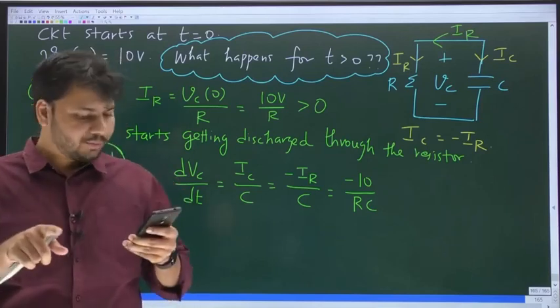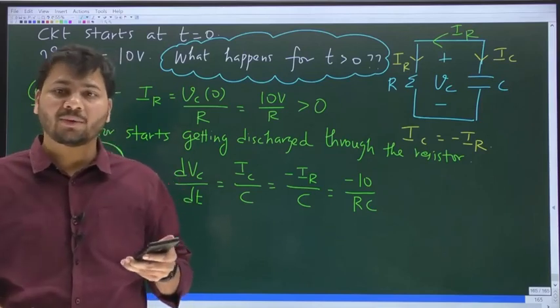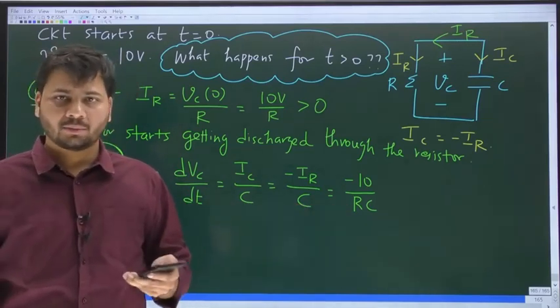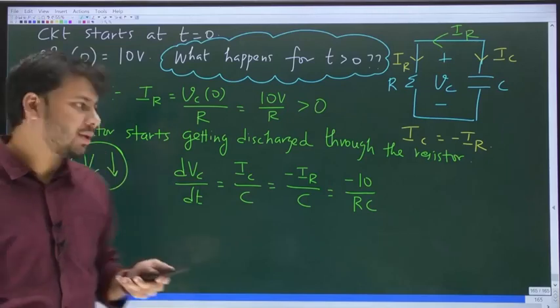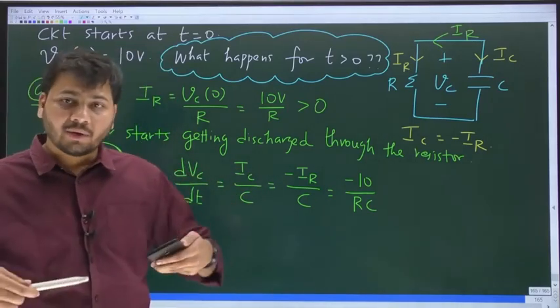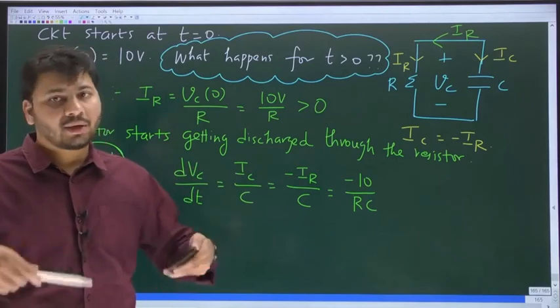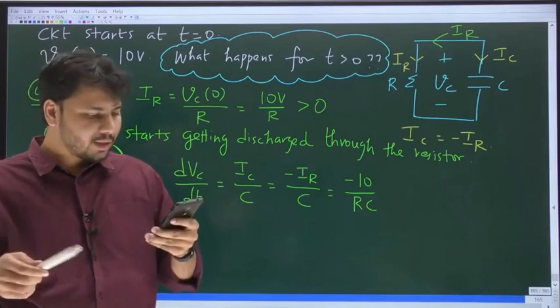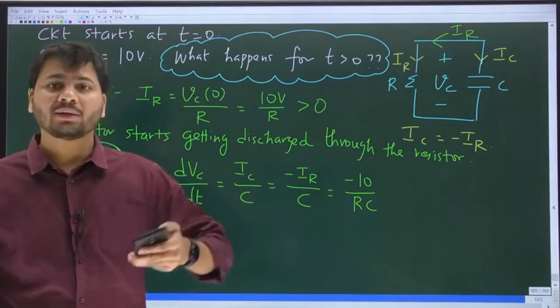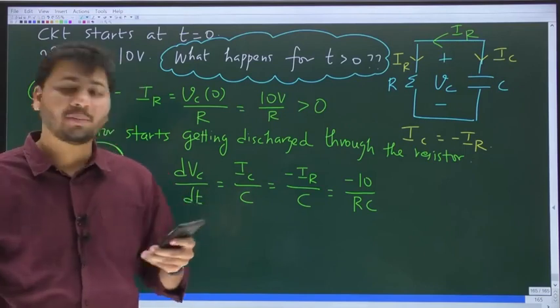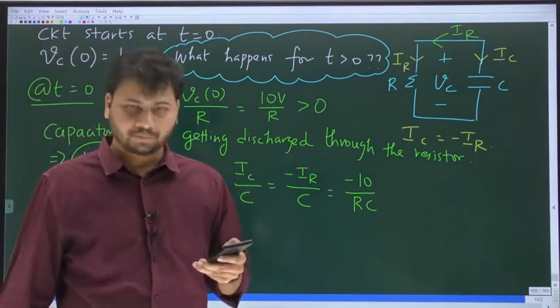If I ask you what is the rate of change of capacitor voltage, then you should say minus 10 by RC, because rate of change is simply dVc by dt. But if I ask what is the rate of decay, it is understood that there is this minus sign, so you should simply say 10 by RC.